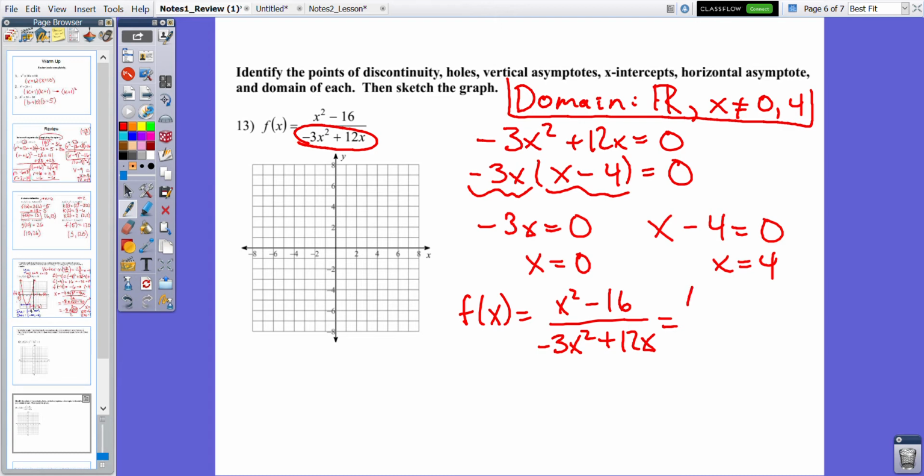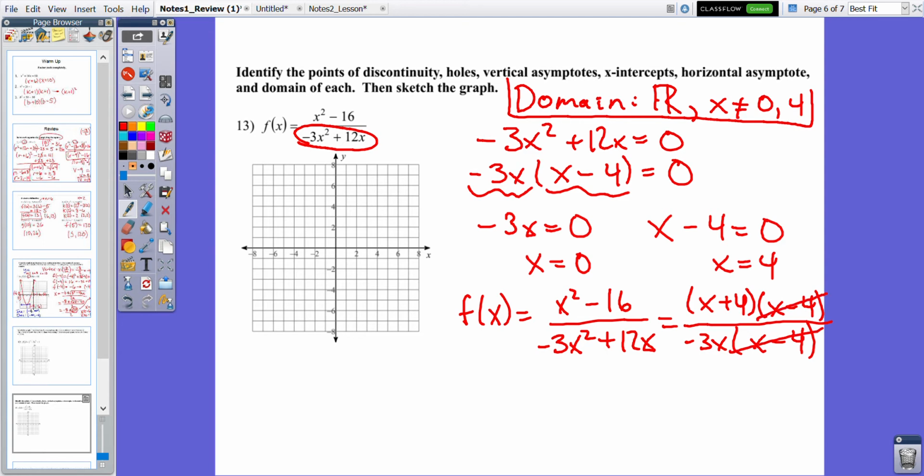That means we can look at it as x plus 4 times x minus 4. And then we know the factorization for the denominator, taking out a common factor of negative 3x, so we are left with negative 3x times x minus 4. Now, we can cancel out any terms in parentheses that are the same in both numerator and denominator. That means we can cancel out an x minus 4.